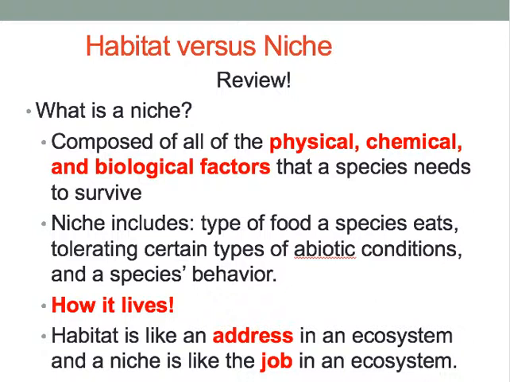An example, using a keystone species, is a beaver's niche. Its role in that environment is that it's going to build dams and create habitats for certain fish or certain other species based off of its dams. That's part of its niche. That's part of the role that it plays within that environment.